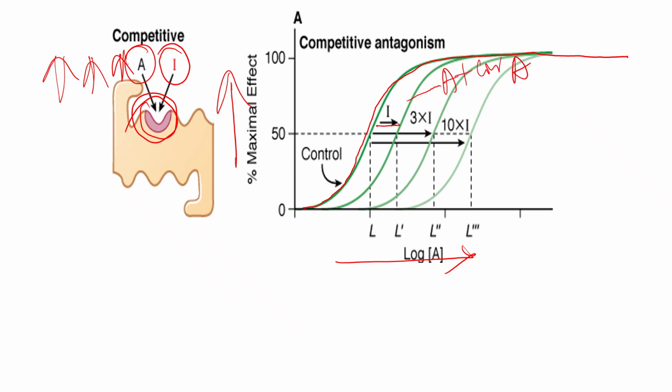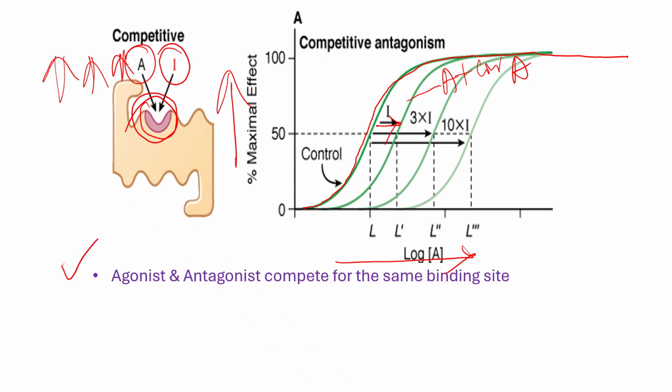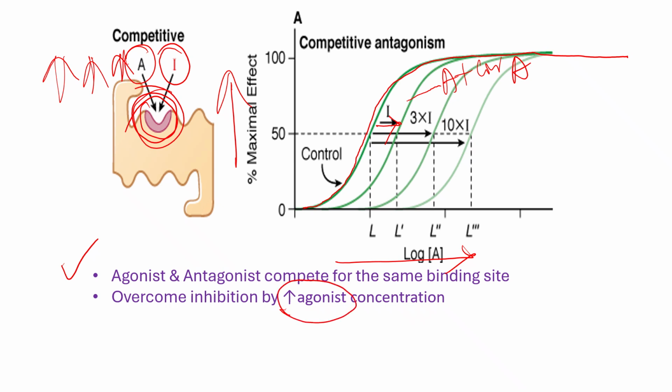By increasing the concentration of agonist, you overcome the antagonistic effect of the competitive inhibitor. So agonist and competitive antagonist compete for the same binding site, and you overcome the inhibitor action by increasing the agonist concentration, and the dose response curve shifts parallelly rightwards.